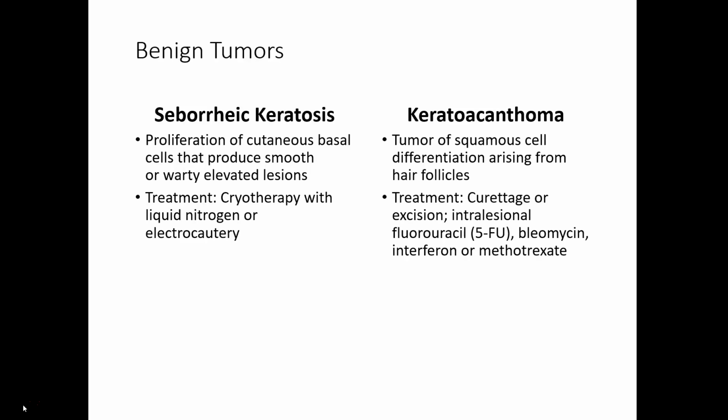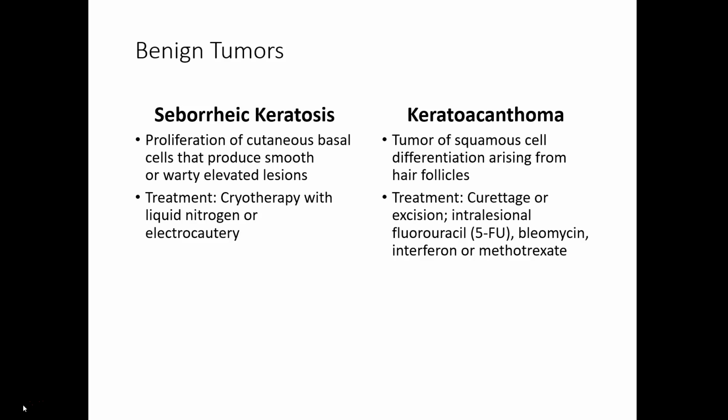Benign tumors, we get the seborrheic keratosis. You'll get proliferation of cutaneous basal cells that produce smooth or warty elevated lesions. Treatment is with cryotherapy with liquid nitrogen or electrocautery. There's also the keratoacanthoma, which are tumors of squamous cell differentiation arising from the hair follicles.